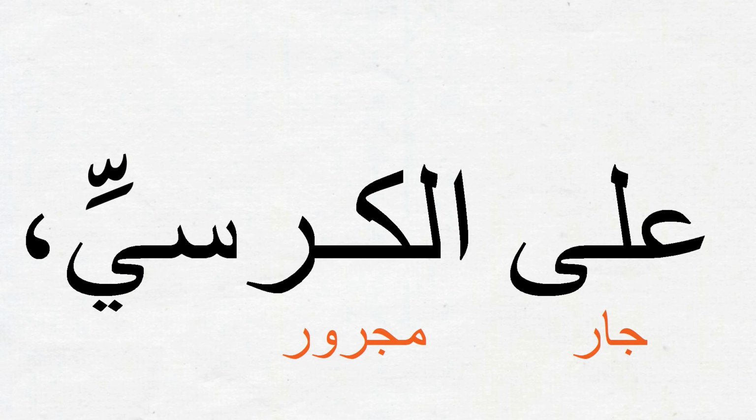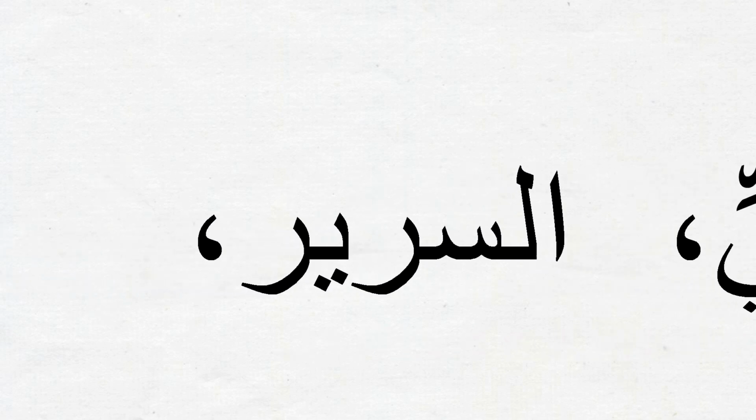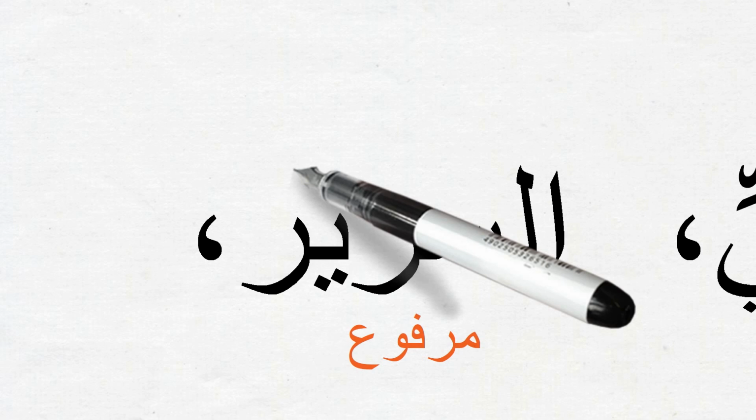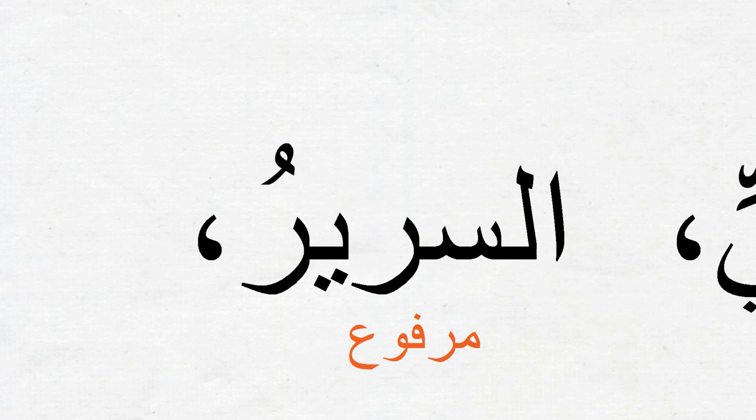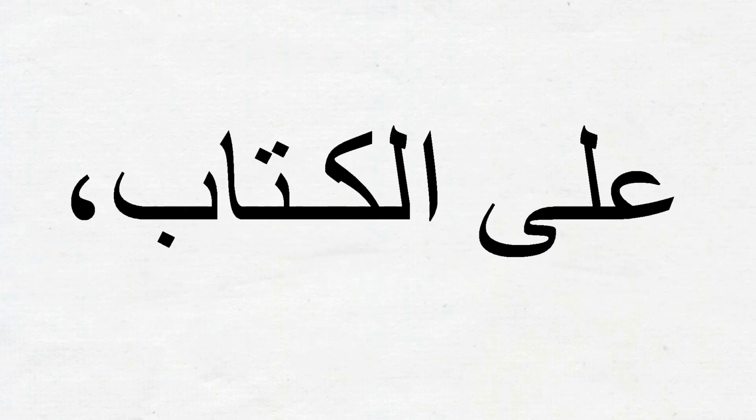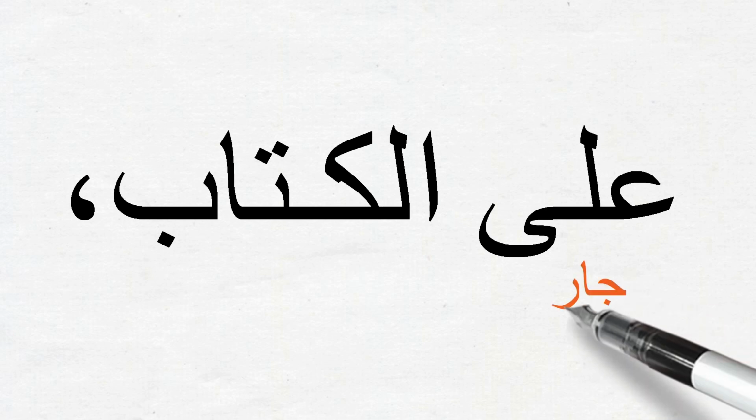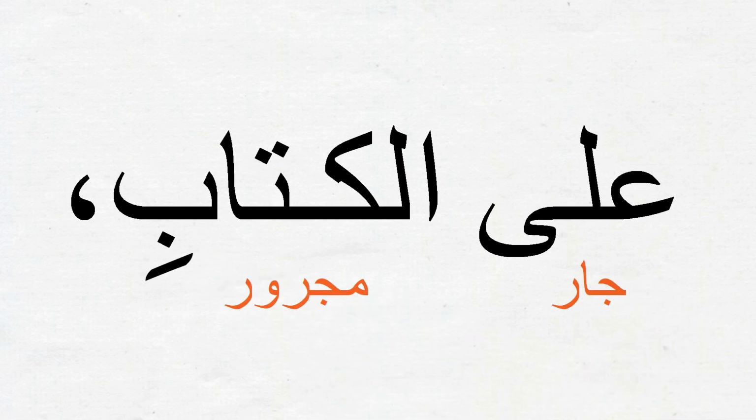So together, ala al-kursiyi is jar majroor phrase, which means on the chair. Next, it looks like we've got a single word. We've got to use normal default state, which is marfu'. As-sariru. Simply means the bed. As-sariru. How about the next phrase? We've got another jar majroor. Ala al-kitabi, right? What does it mean? On the book.